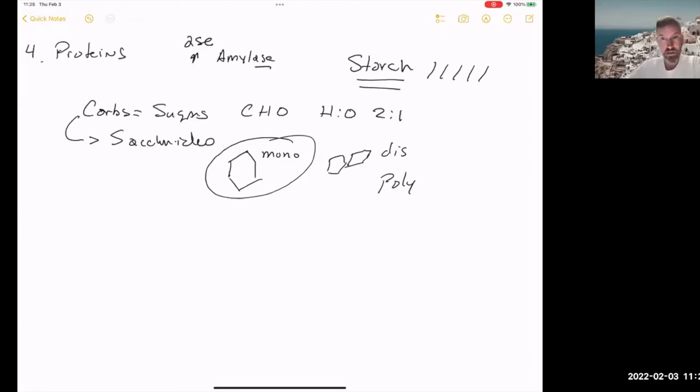Now, humans or animals also can store sugar. If you have excess sugar, we don't create starch, but rather we create something called glycogen. So glycogen is where you have excess glucose and the body combines glucose molecules into a long chain, a long polymer called glycogen.